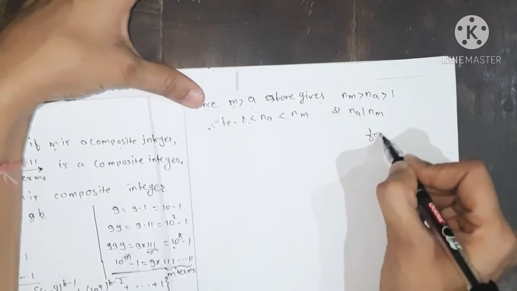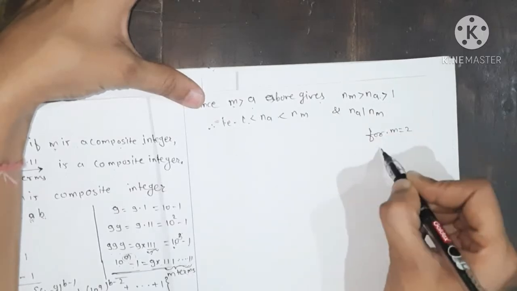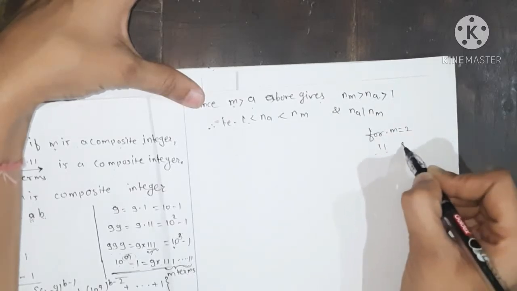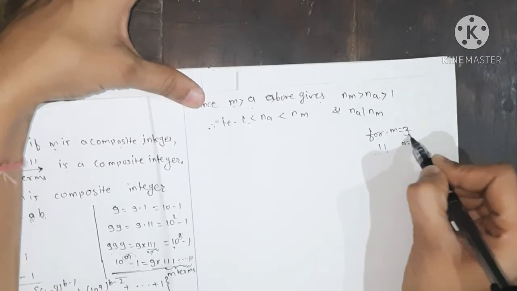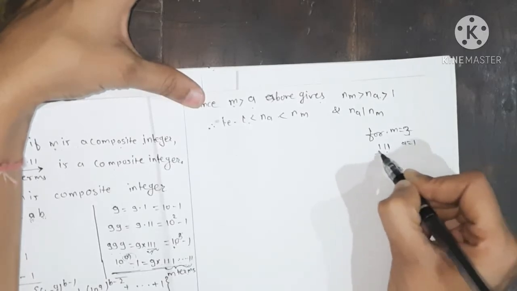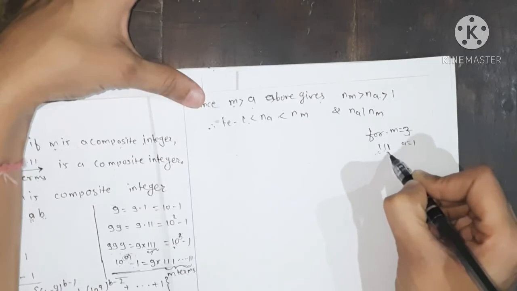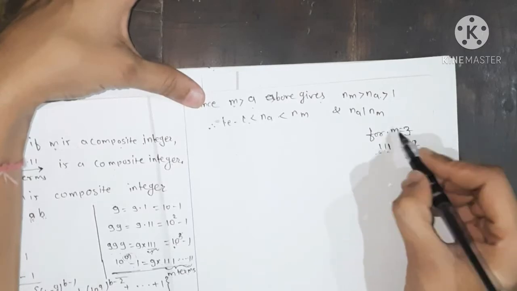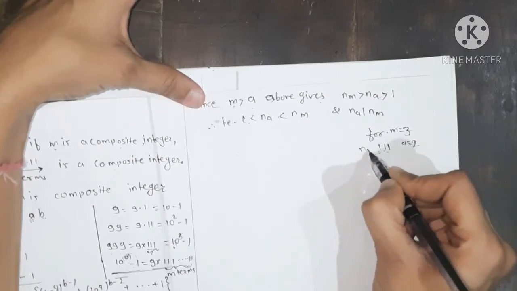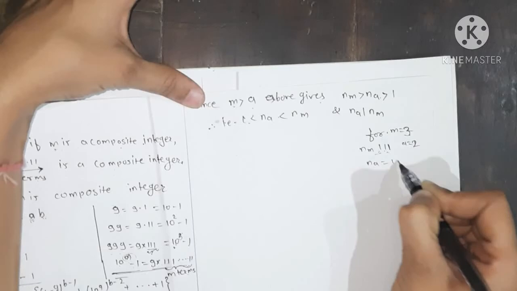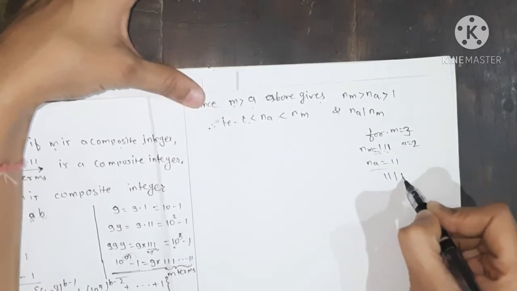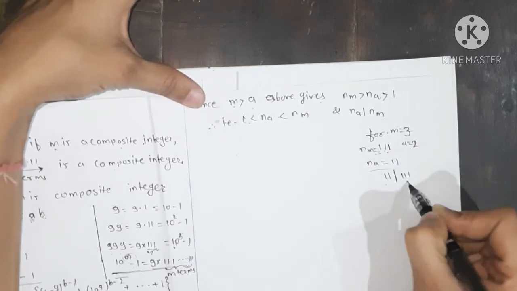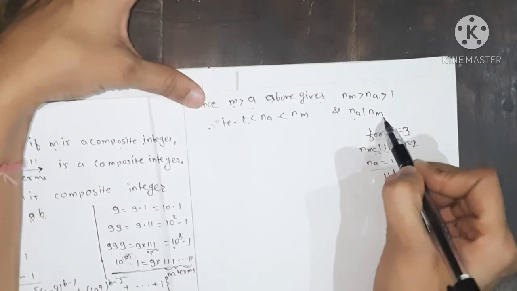For example, if m equals 2, that is we have 1 1 and a equals 1, or we can say m equals 3, then it is 1 1 1, that is 111, and a equals 2, that is this is nm and this na is equals to 11, right? So 11 divides 111, so na divides nm.